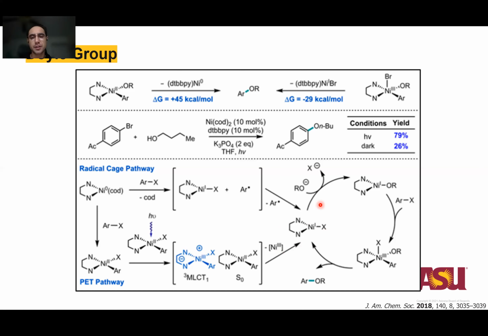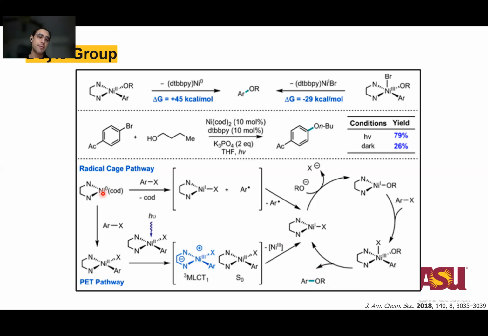And this nickel 1 species can undergo ligand exchange with the alkoxide that's formed from the alcohol under basic conditions, to form this nickel 1 alkoxide intermediate, which can undergo oxidative addition with another aryl halide to form this nickel 3 intermediate, which can then undergo reductive elimination to form your aryl ether, the coupled product, and now you're on cycle for this to continue happening.